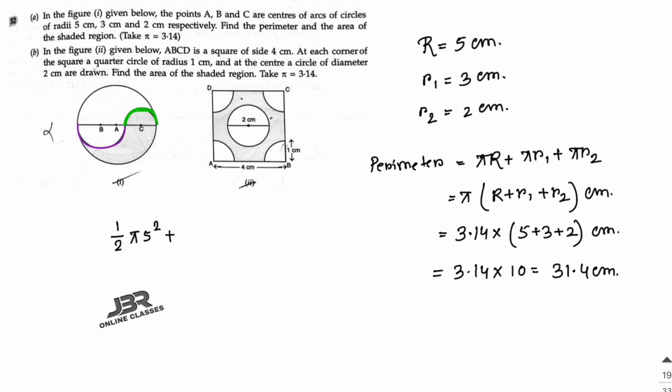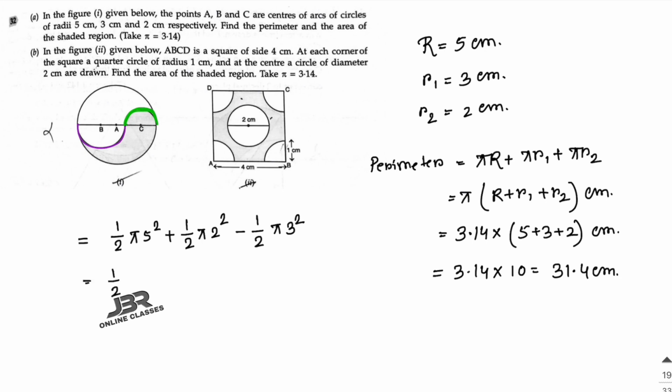So here you have to write half pi r2 square, and r2 square means 2 square. And then lastly you have to subtract the area of the semicircle with radius 3 centimeter. So again half pi and here 3 square. So that is your final area.